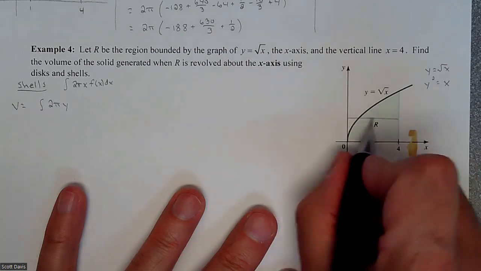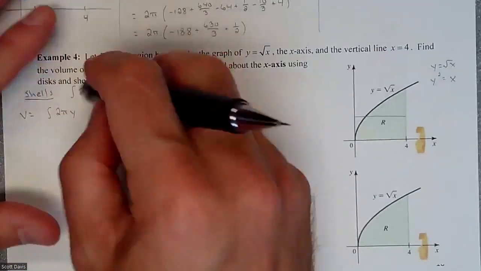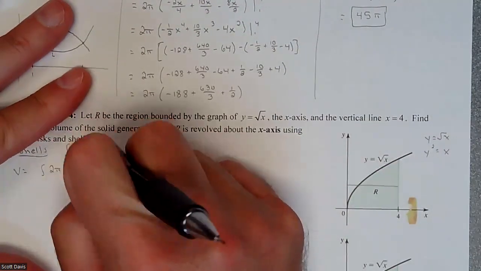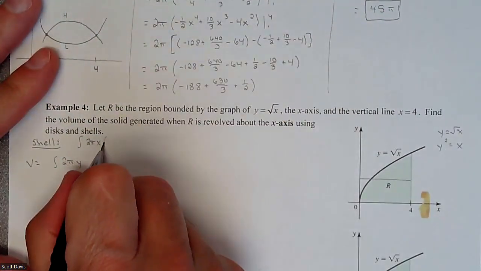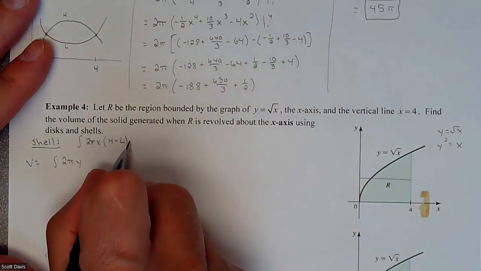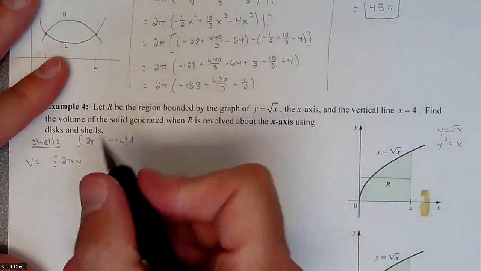So our method needs the high function minus the low function, and then dy, since ours is in terms of y's.